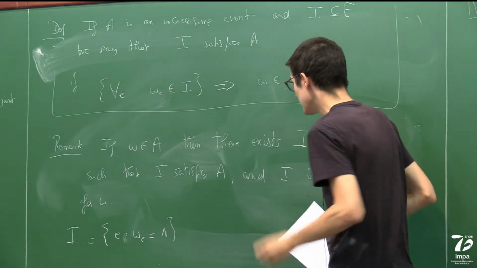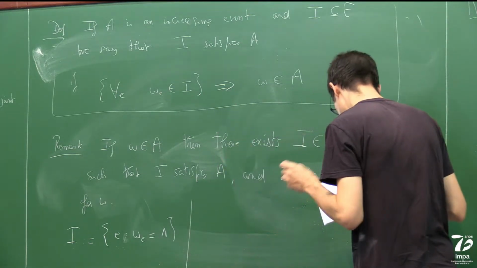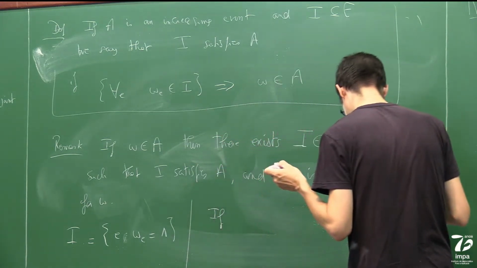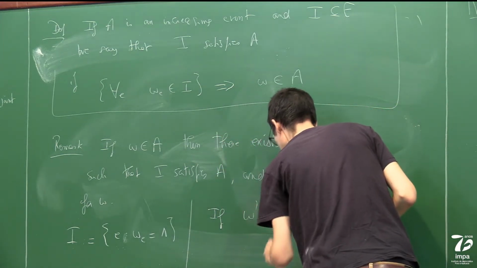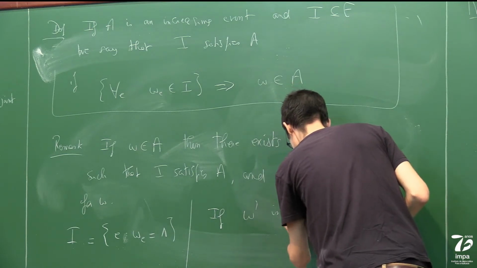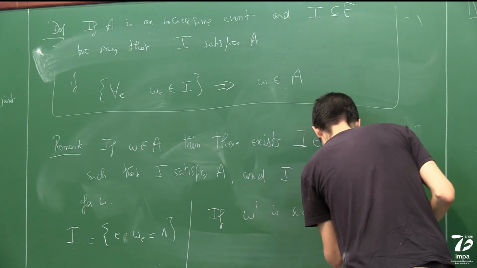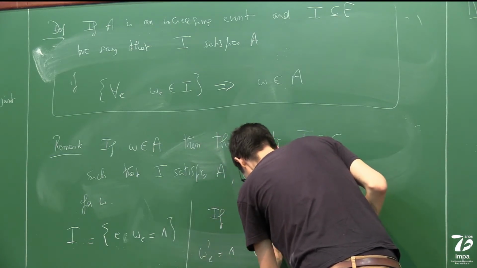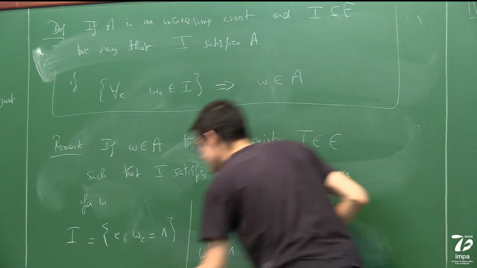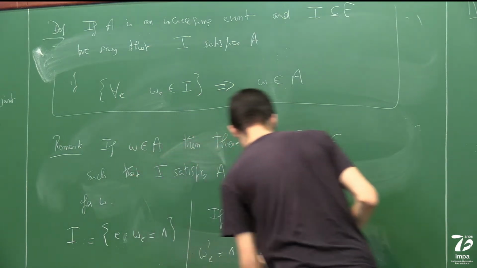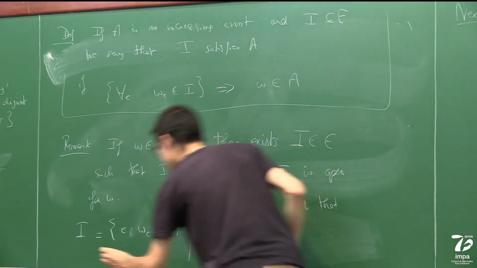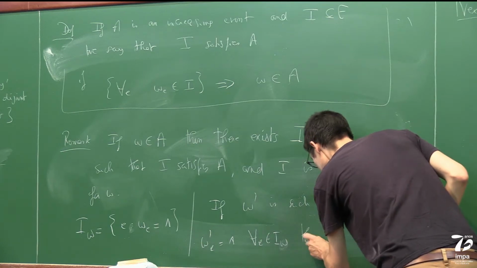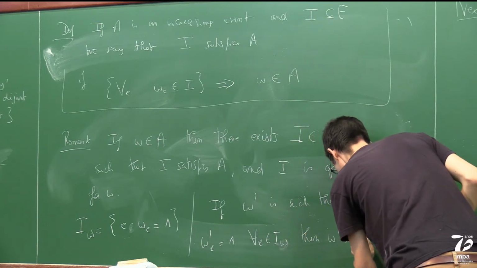And then what we have is that if omega prime is such that omega prime E is equal to 1 for all E in I, sorry, this is I omega, then by definition, omega prime is larger than omega.